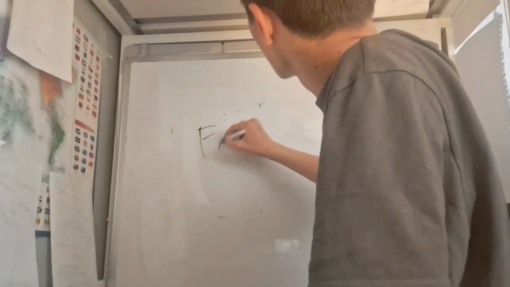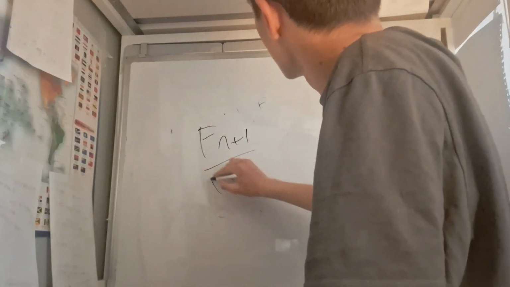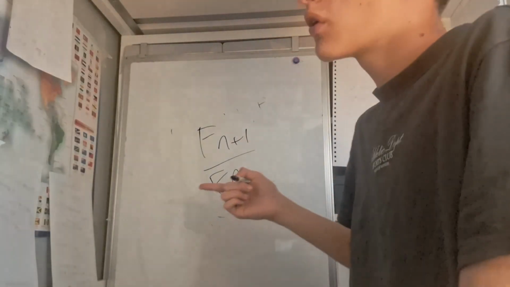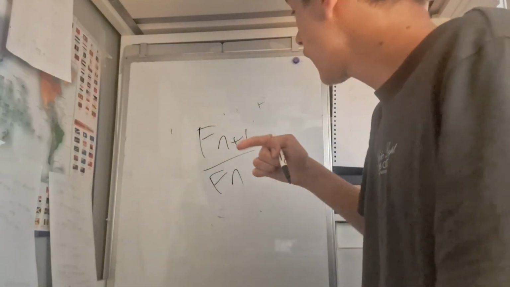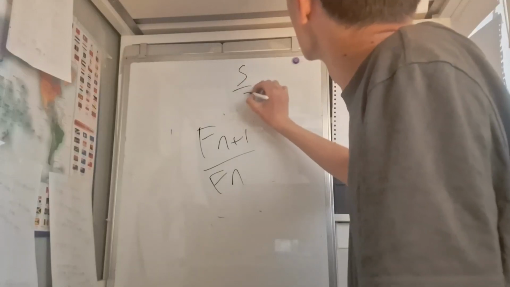And you get a constant from it called phi, which is an equation you can write as f of n plus 1 over f of n. So the next Fibonacci number over the one that you have now, so let's say you have 5 over 3.